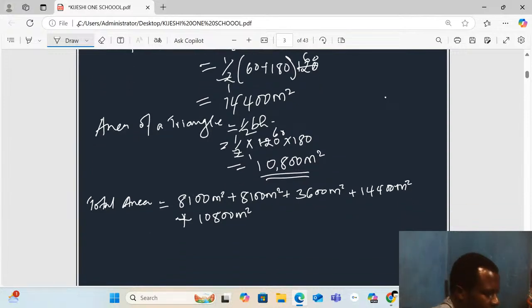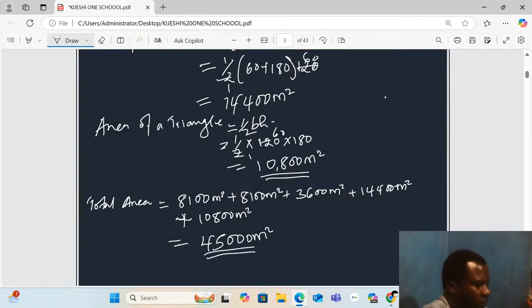This one will give us a total of 45,000 square meters. So our total area now becomes 45,800 square meters, which you can convert into hectares by dividing by 10,000.